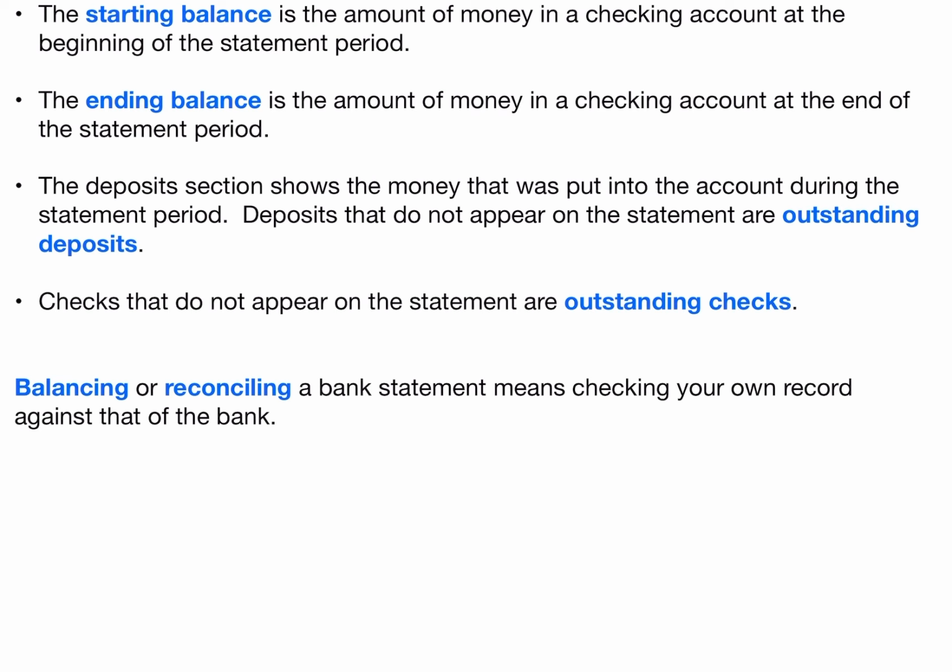Okay, and so when it comes to money, you want to make sure that you're aware of every transaction that takes place in your account, not just with your own records, with your own transactions, but you want to make sure that you're aware of anything that the bank does to your account.